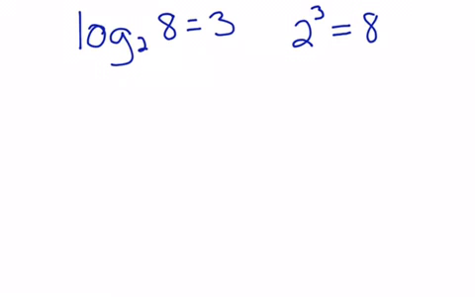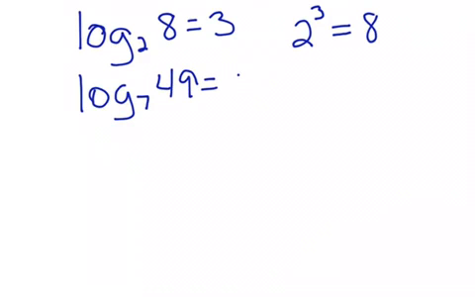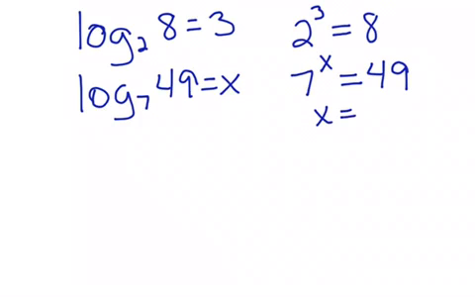In the same way, if I did log base 7 of 49 equals X, that is asking: 7 raised to what exponent would give me 49? In that situation, X would equal 2.